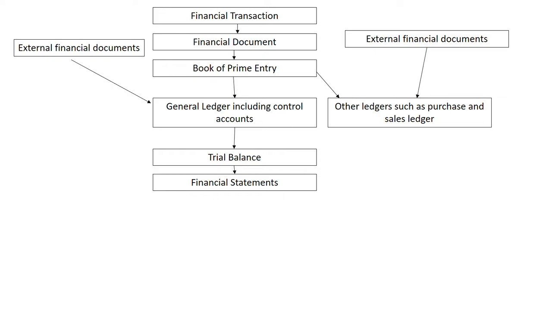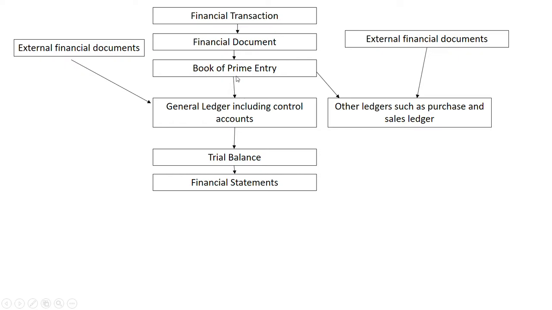So we would have this idea, and this is quite important really, isn't it? As a student initially you might think, well, why are we running with almost two sets of entries, the control accounts and the general ledger, and these other ledgers as well, with the posting of the same thing going into both? Why is that happening?